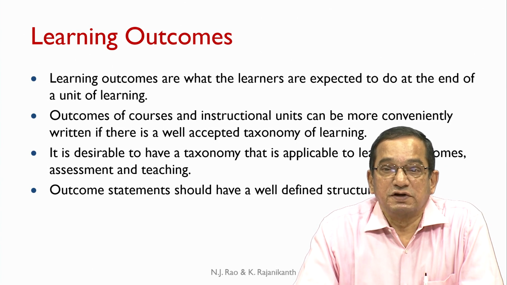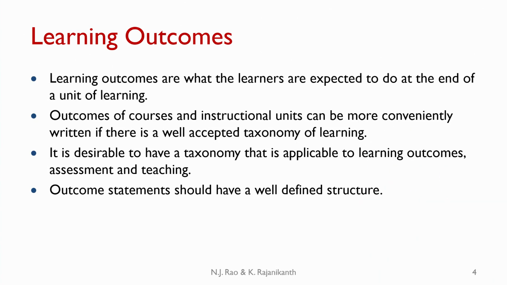Learning outcomes, as we have seen earlier, are what the learners are expected to do at the end of a unit of learning. The unit of learning can be an instructional unit, a course, or the entire program. At the end of a unit of learning, what is it that the learners are expected to do or perform?